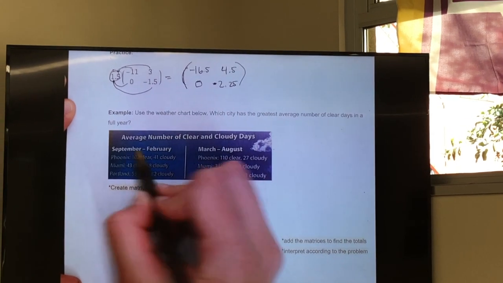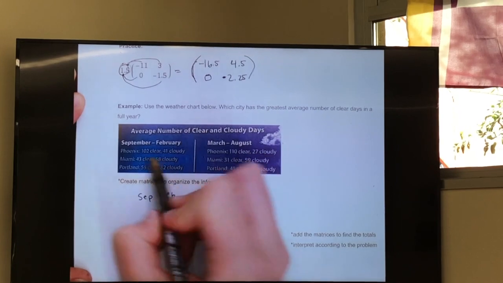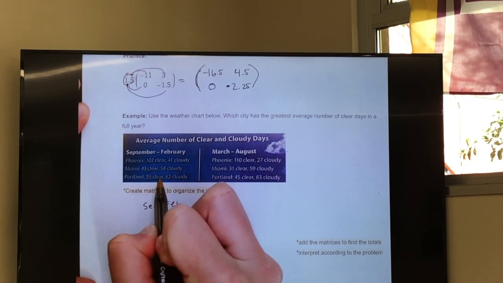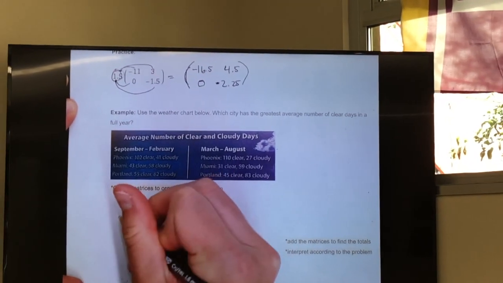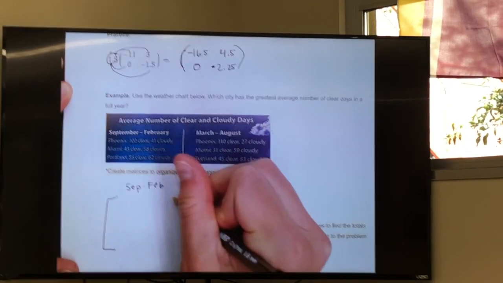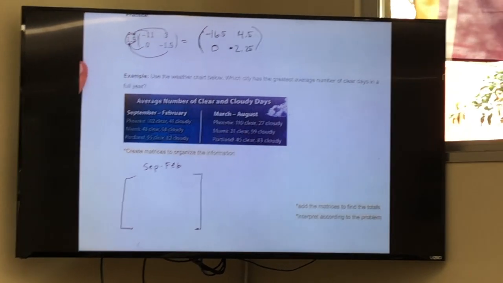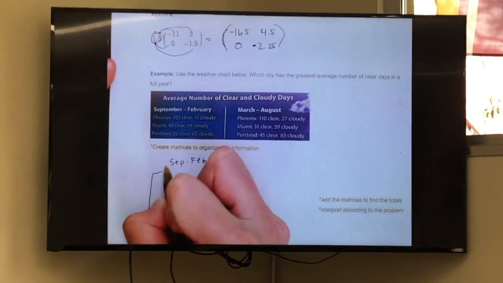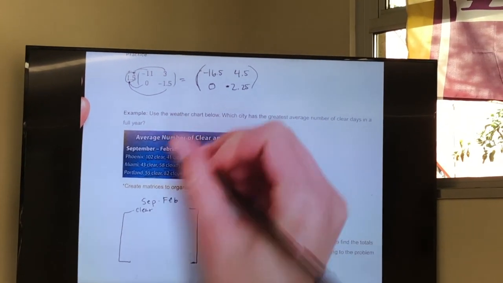So we have September to February, and it looks like we have 3 clears and 3 cloudy. So you're going to set up a matrix. Again, you can use parentheses or you can use brackets. I'm going to use brackets here for my matrix, but both are the same idea. So we have the clear column, and then cloudy.